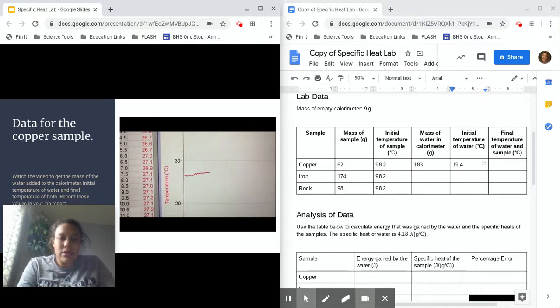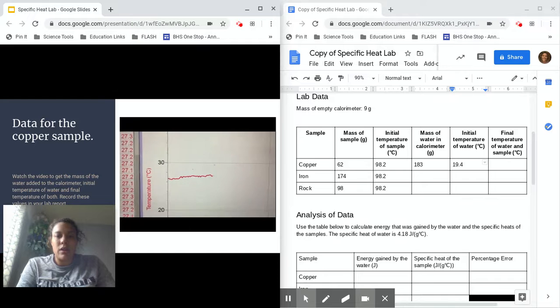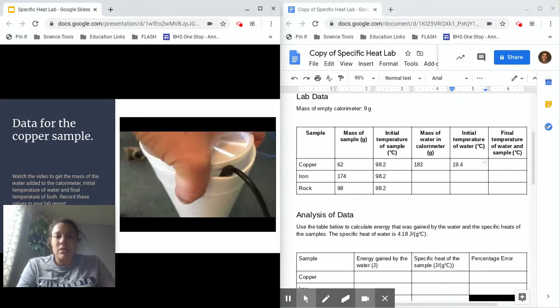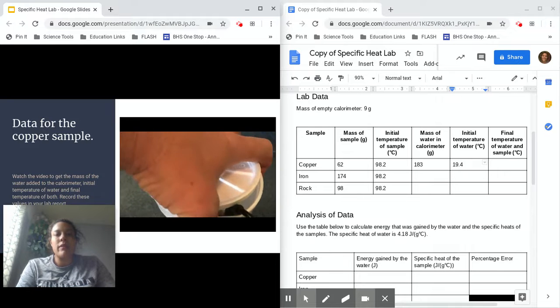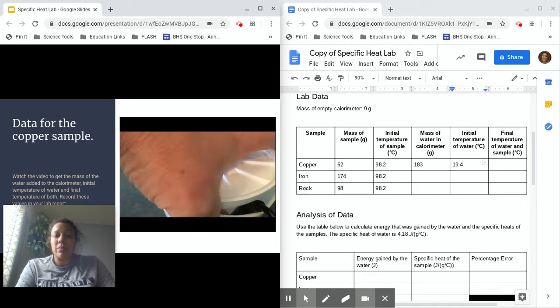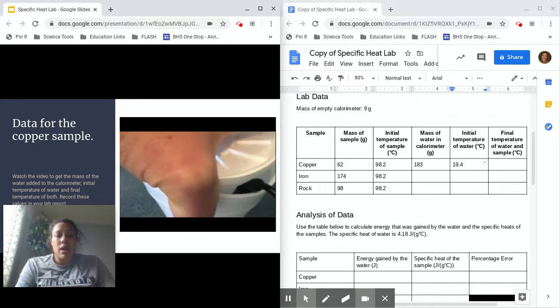So we can see there's some readings here with this temperature probe on his computer, but I like to keep things consistent, so I'm going to use the yellow laser readings that he gives out throughout the lab. Again, just for consistency. So he's swirling it around, trying to reach thermal equilibrium. Eventually it'll get there. The other two samples take a little bit longer, so be patient with figuring out the final temperature.